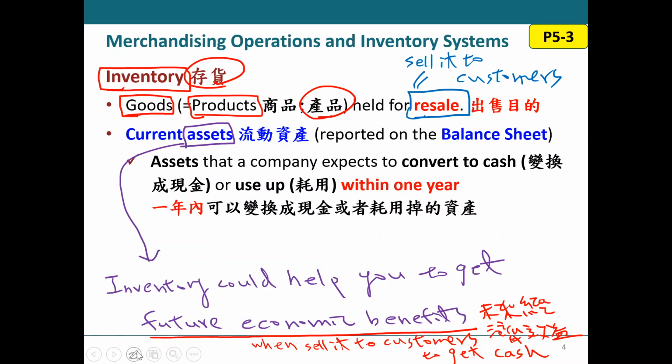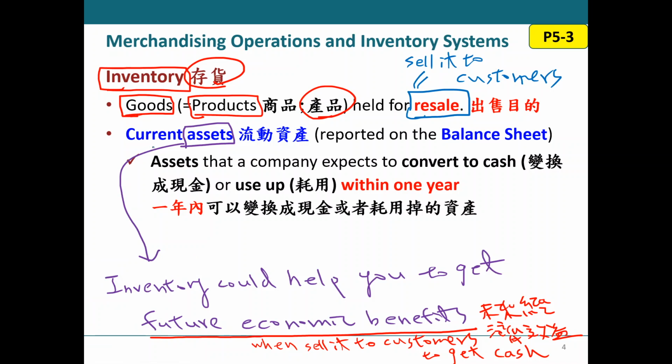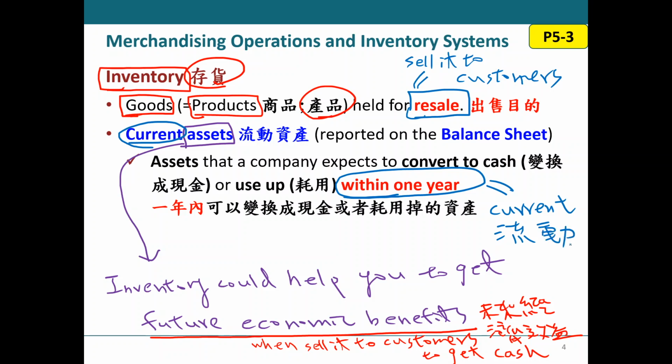So current, 流动, usually means within 1 year, 1年内.